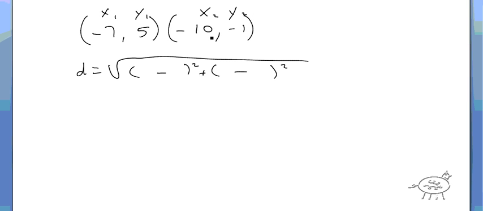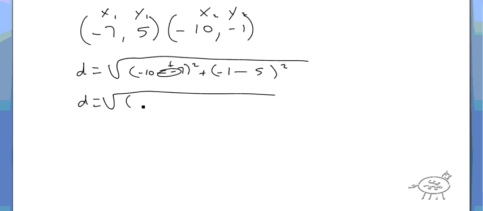Okay, so x2 minus x1, so negative 10, and negative 7, and negative 1, and 5. Okay, so that's going to be plus, right? So negative 10 plus 7 is negative 3.